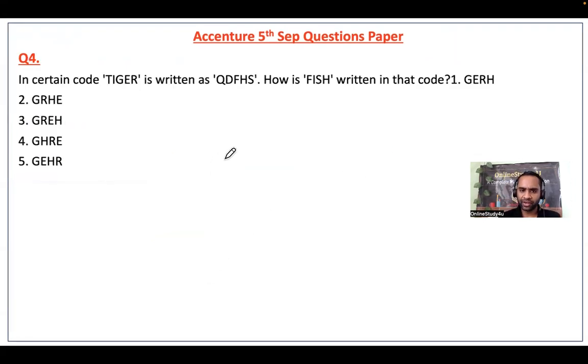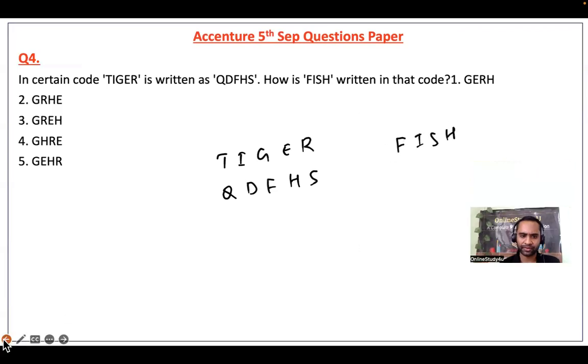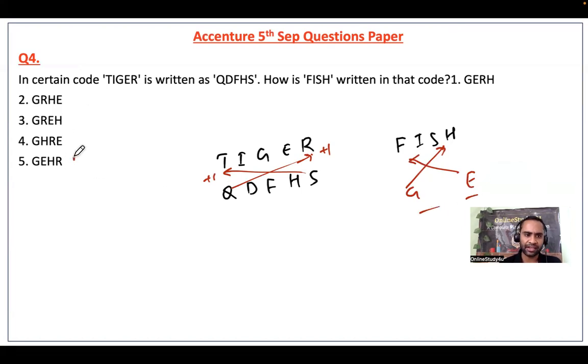Simple problem. In a certain code language, tiger is coded as QDFHS. Then how will fish be coded? Now if we try to analyze here, Q plus 1 is R, S plus 1 is T. So G plus 1 will be H and E plus 1 will be F, starting with E and ending with G. So we have options 2 and 4, right?